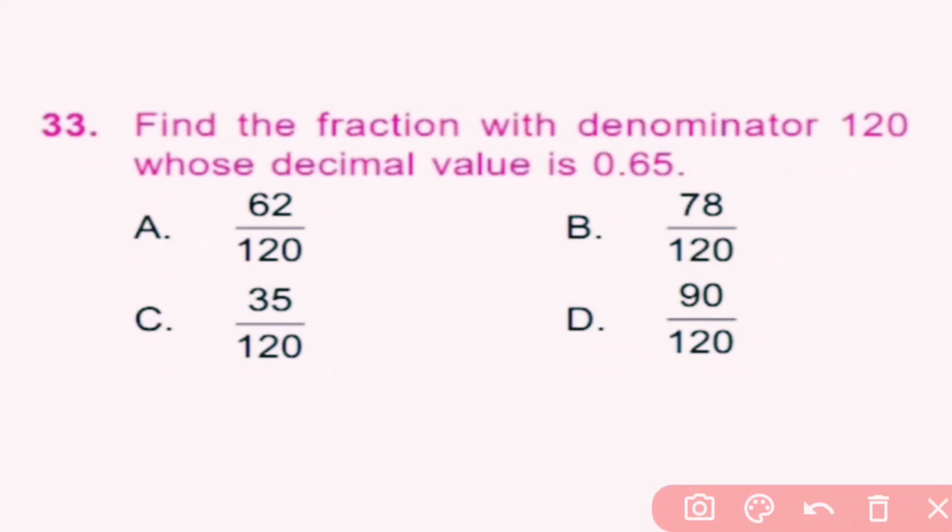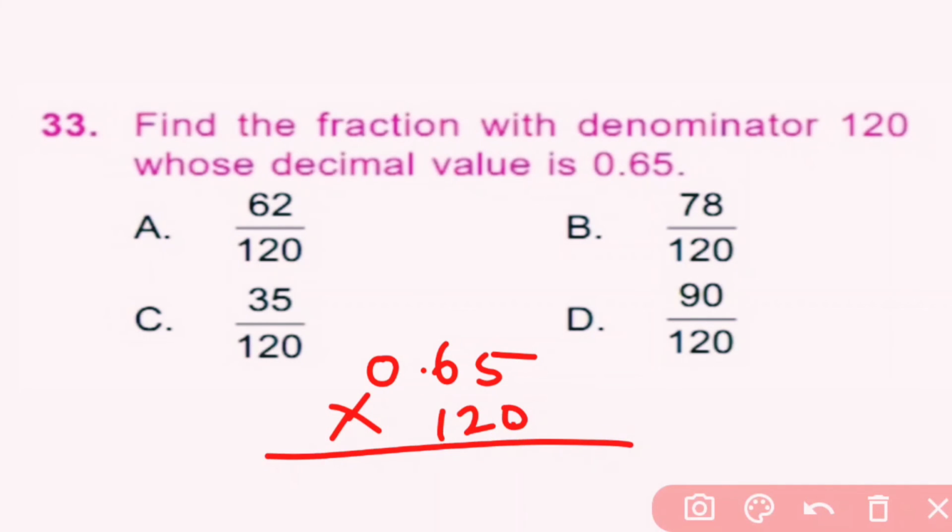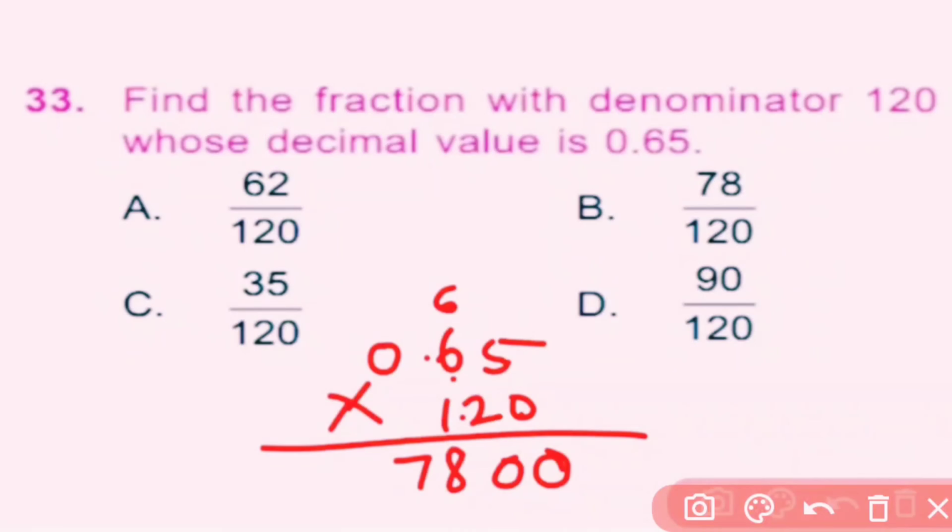To find the numerator, we need to multiply 0.65 by 120. So 12 times 5 is 60, 6 carry over, 12 times 6 is 72, 72 plus 6 is 78, and the decimal point is placed here, so 78 will be the numerator. So here B is the correct answer.